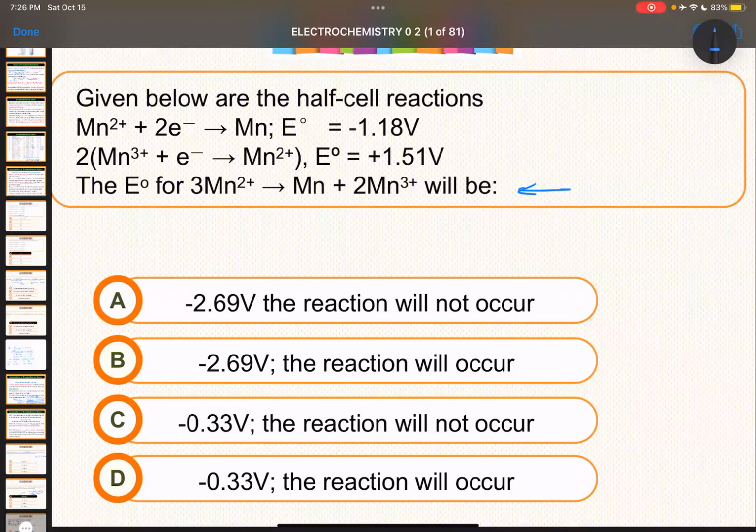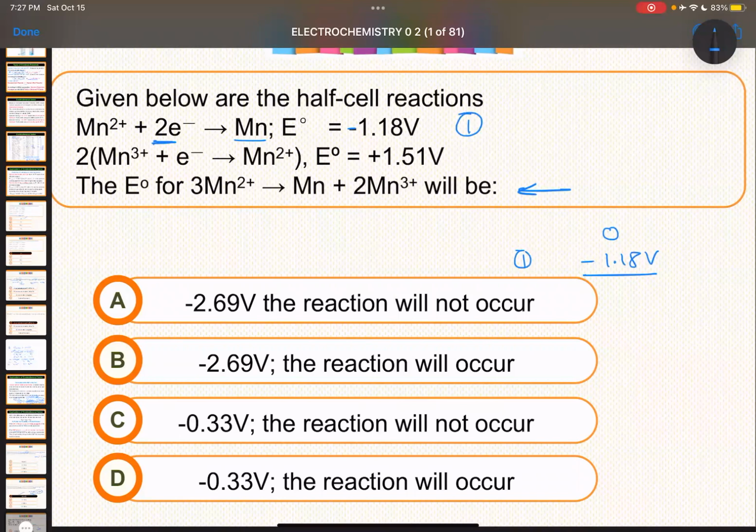So which one is cathode, which one is anode? First, you need to determine that. Both should be in reduction potential. Then cathode minus anode. So Mn2+ is accepting electron and changing to Mn. This has a minus value, so this is minus 1.18 volt. Okay. For equation number 1, right?